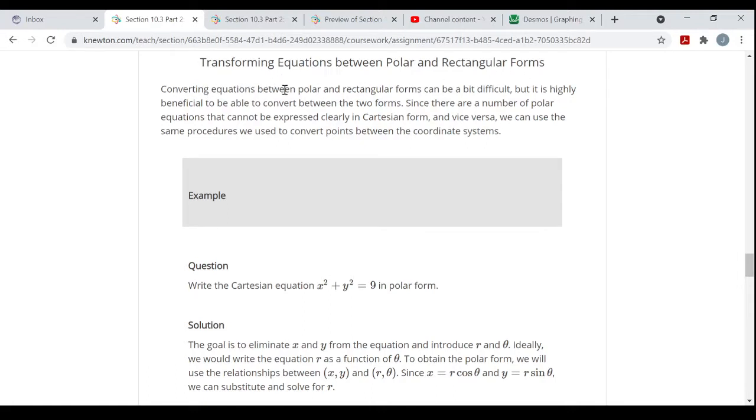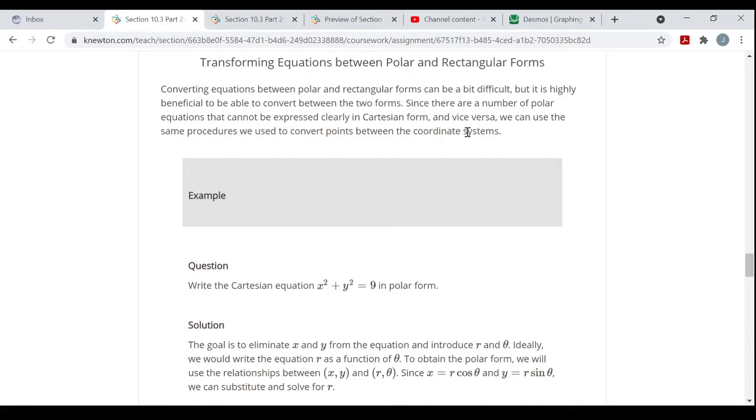Converting equations between polar and rectangular forms can be a bit difficult, but it is highly beneficial to be able to convert between the two forms. Since there are a number of polar equations that cannot be expressed clearly in Cartesian form, and vice versa, we can use the same procedures we use to convert points between the coordinate systems.